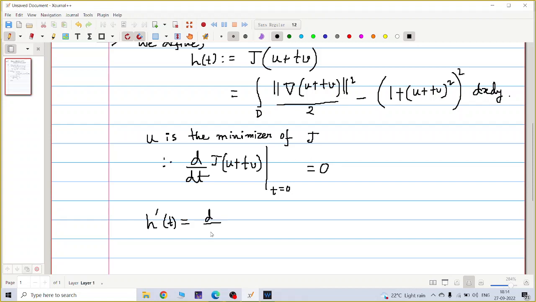So h dash t is d by dt of the integral of this. First I will find the derivative, then I will put t equal to 0.